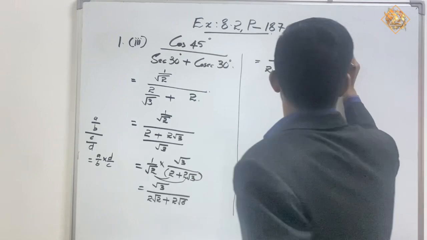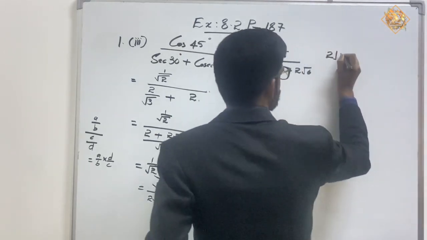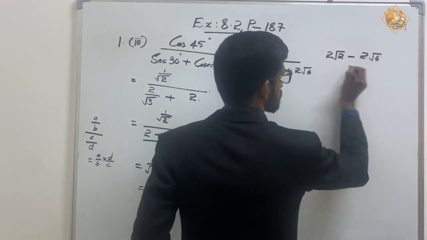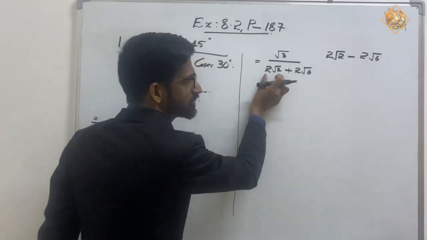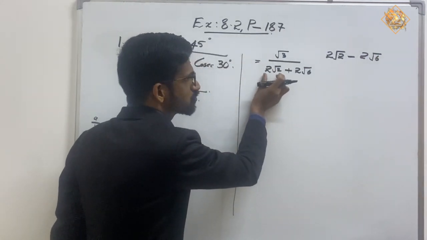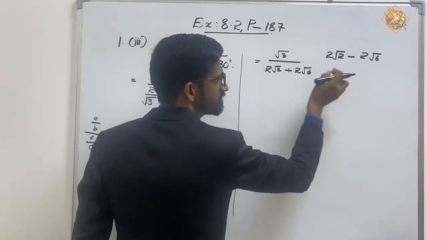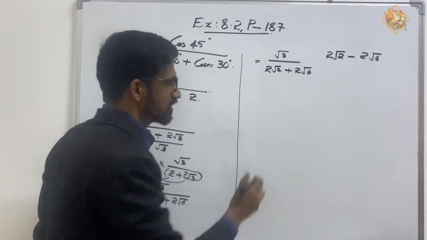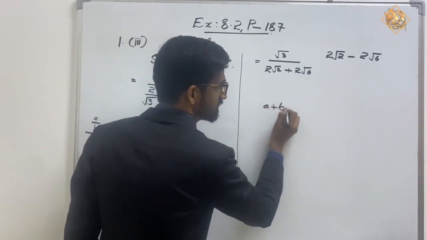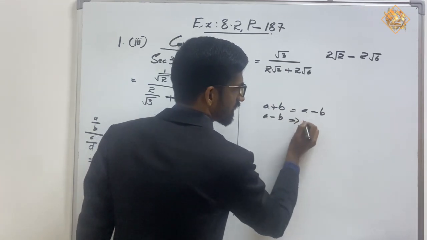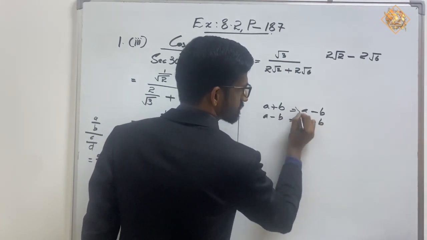That is 2 root 2 minus 2 root 6, isn't it? Plus we just change it into minus, that's why. Conjugate of a plus b, that is a minus b. Conjugate of a minus b, that is a plus b, that's it.